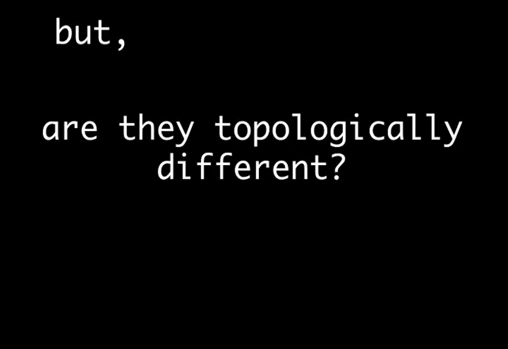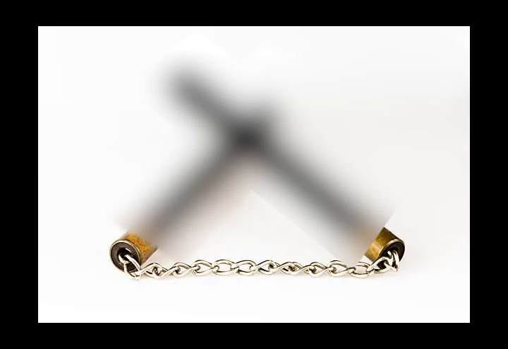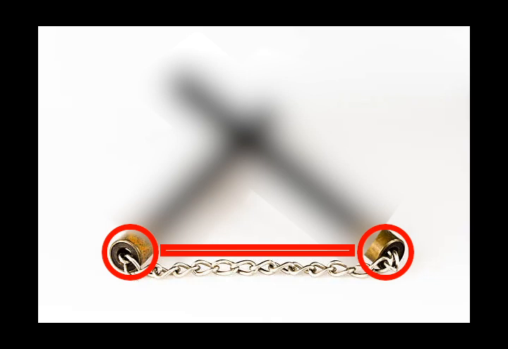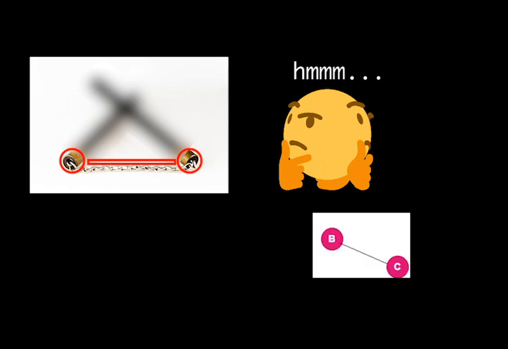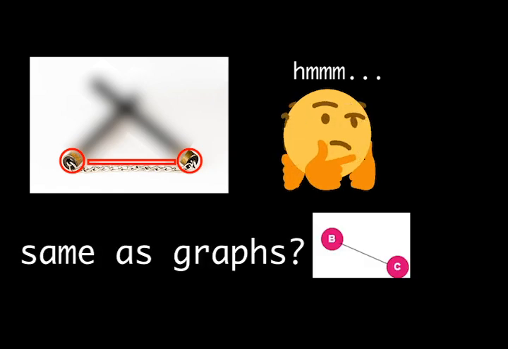But in what ways do the two differ? What can a pair of nunchucks do that a torus cannot topologically? Suppose we turn our nunchucks into an object with two endpoints connected by our chain. If we stop to look at it for a second, it kind of seems like a graph, another mathematical structure that connects endpoints to edges.